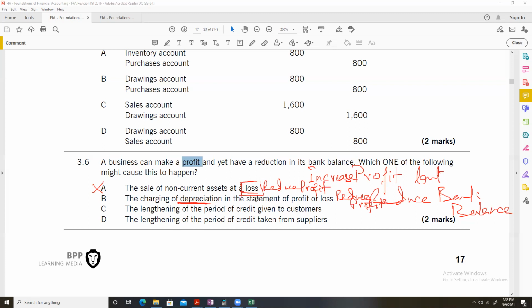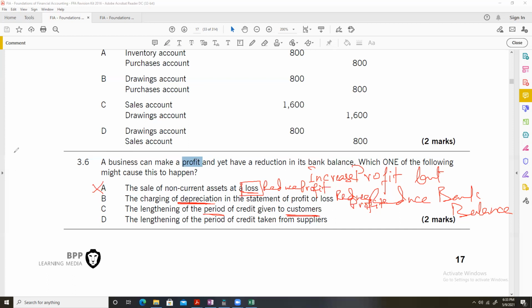In the same way, consider the lengthening of the period of credit given to customers. What will happen if you allow your credit customers a longer time to pay?